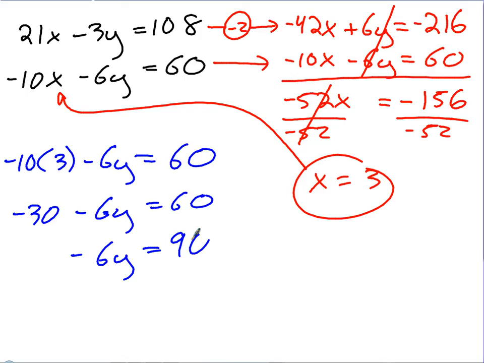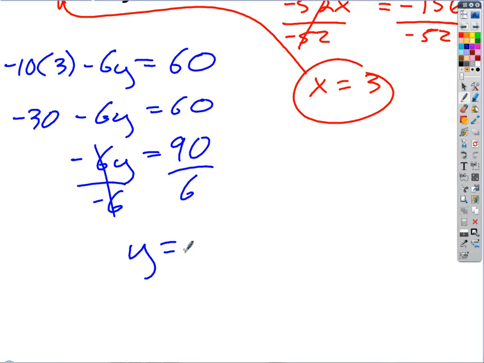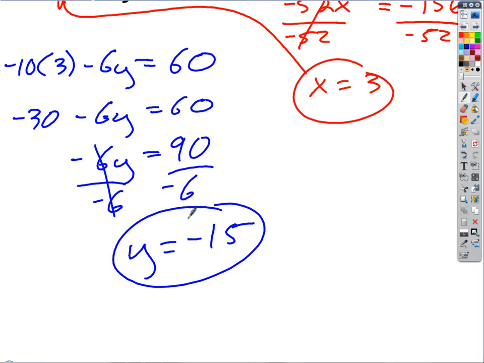Now what? And so I got my other answer, didn't I? y equals 90 over negative 6 is negative 15. Good. X is 3, y is negative 15. Done.